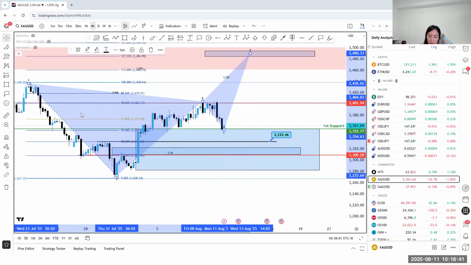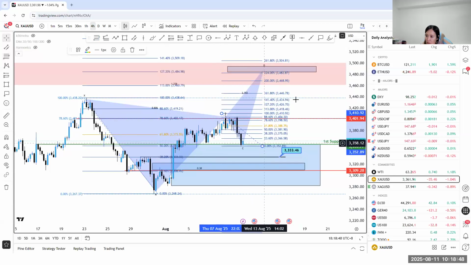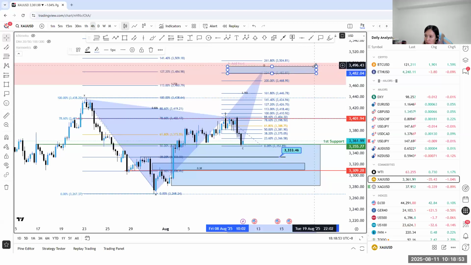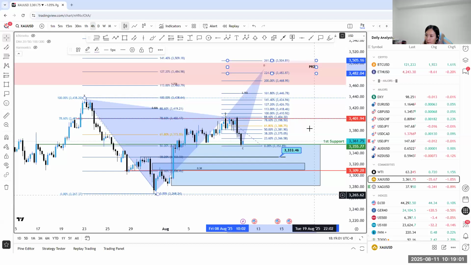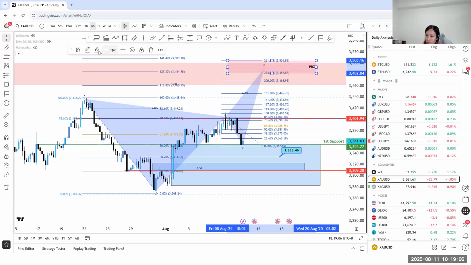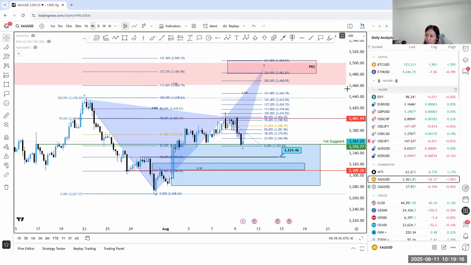This is going to be the zone here. And the BC extension is somewhere around this level, 127. I put back a little bit this zone. This one I could say is my PRZ zone.